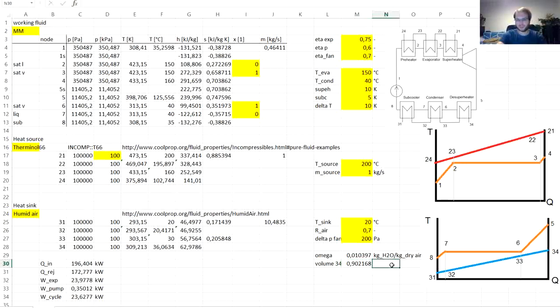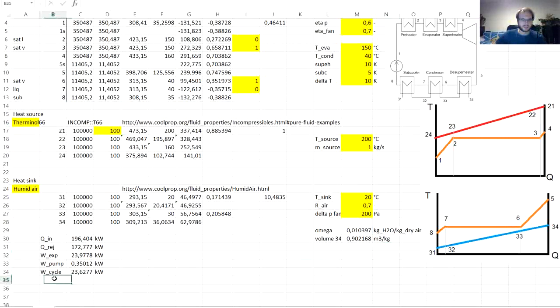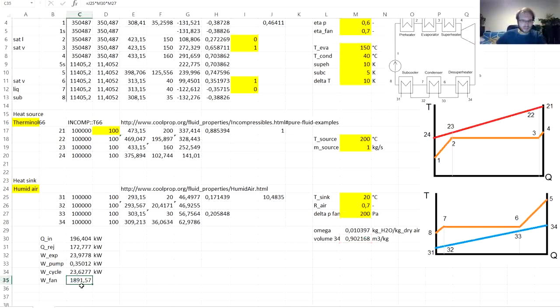So now we get the unit volume in cubic meters per kilogram, and we can calculate the work input for the fan. So it's the mass flow rate of the air multiplied by unit volume and pressure difference. Now all the units are basic SI units, so the result is also in watts.